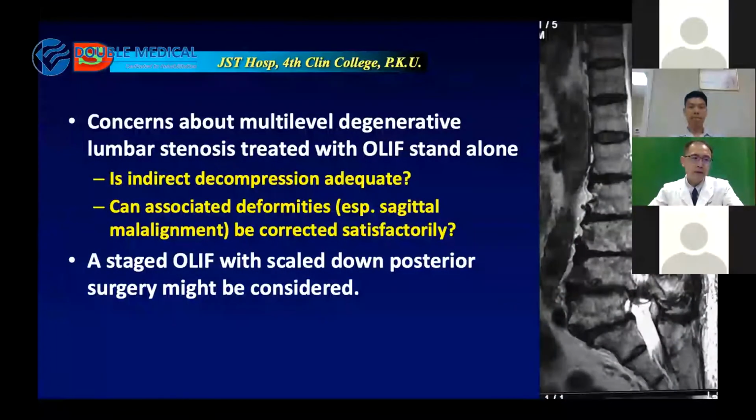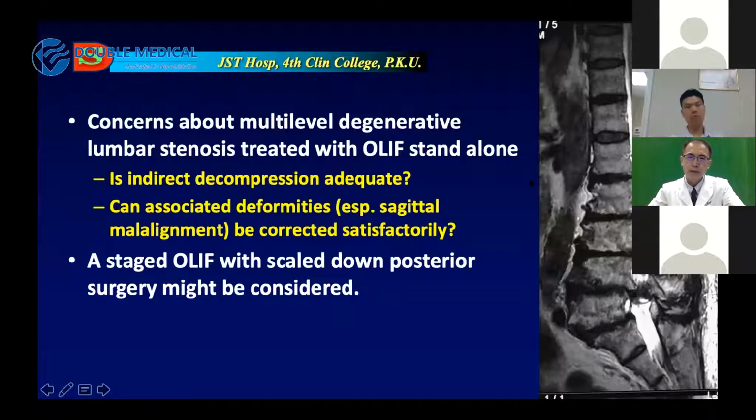So in some cases with multi-level degenerative lumbar stenosis, if treated with OLIF standalone, some questions may arise. For example, is indirect decompression adequate, or can associated deformity be corrected satisfactorily? For example, like this case, there are several levels of stenosis.